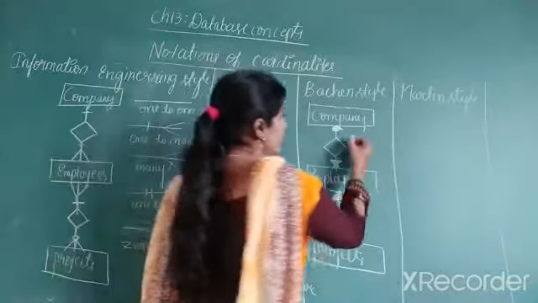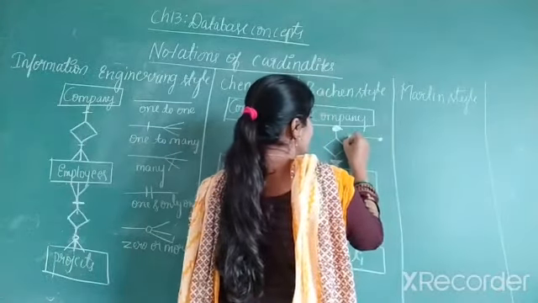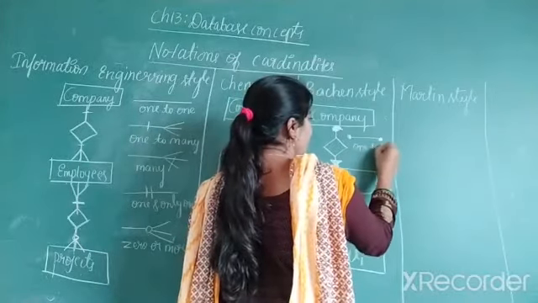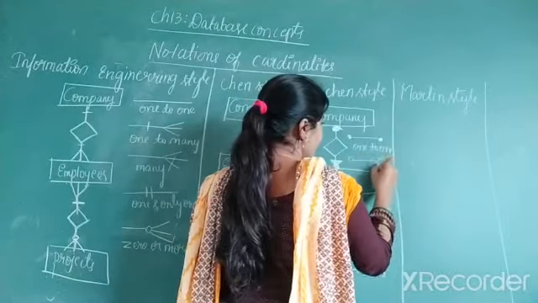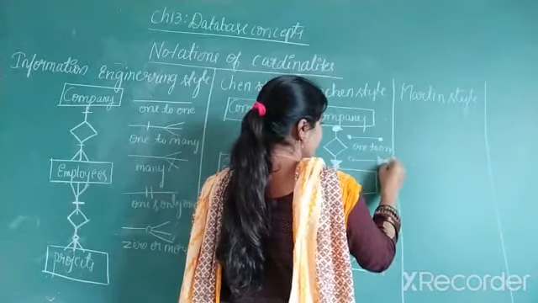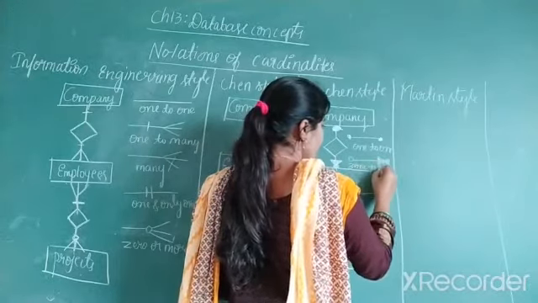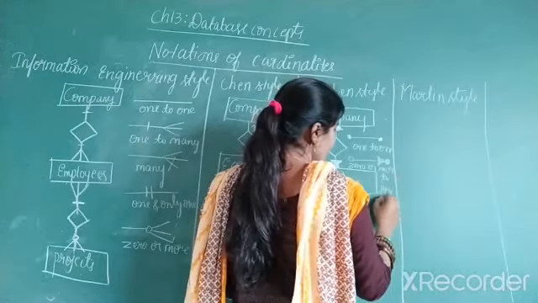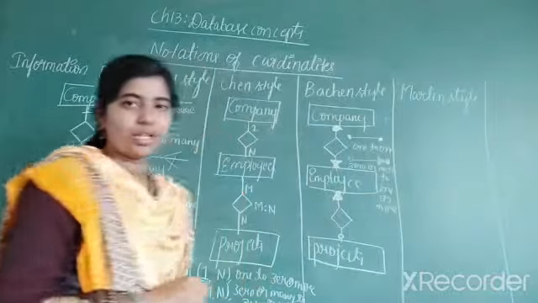The one or more employees working for the 0 or more projects. And when you represent, if there is a filled circle at the end of a line, this indicates 1-to-1 relationship. And if you are having this type of relationship, it indicates 0 or more to 1 or more relationship.